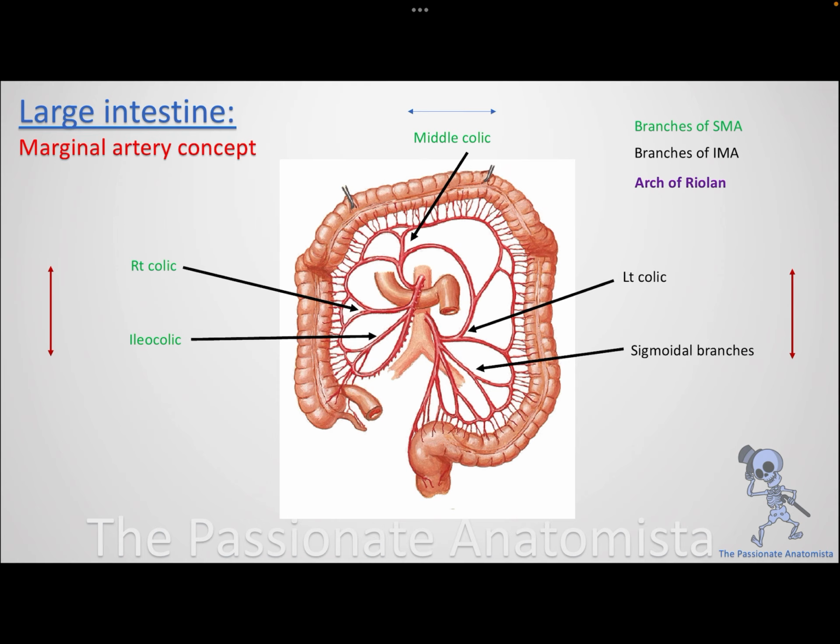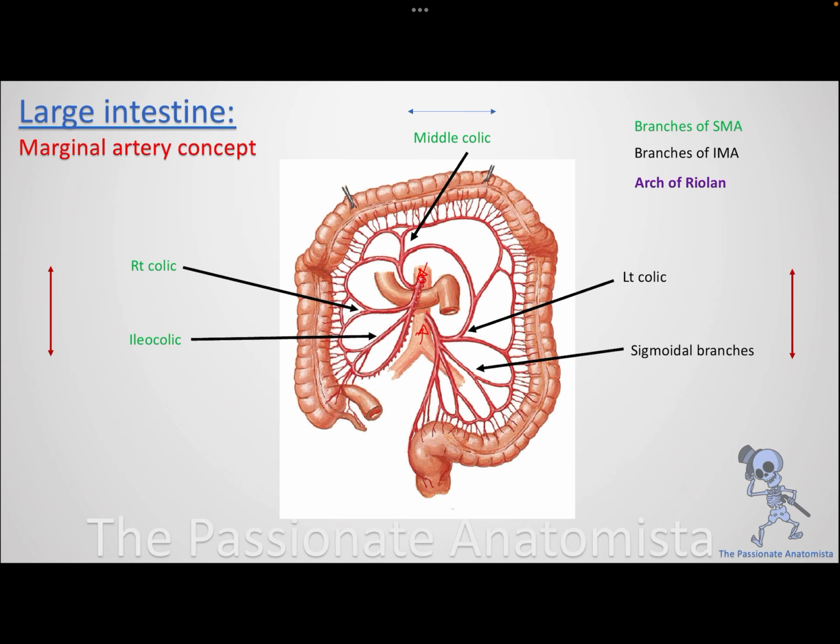Now moving on to the arterial supply of the large intestine. Remember that we said the celiac trunk is the artery of the foregut, the superior mesenteric is the artery of the midgut, and the inferior mesenteric is the artery of the hindgut.